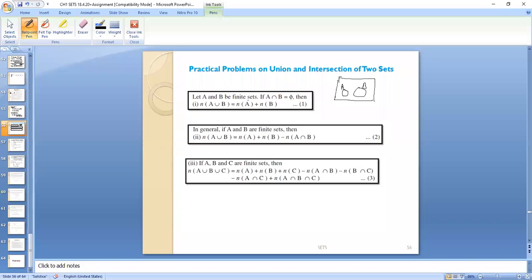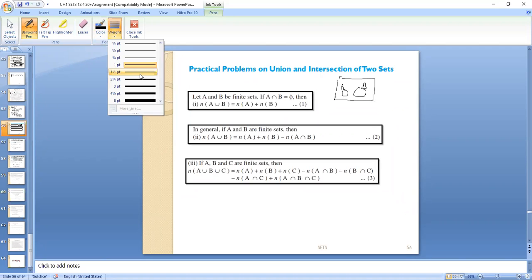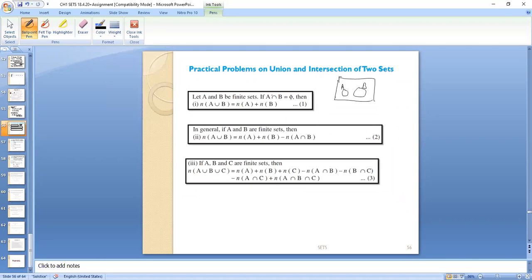And if A and B are finite sets and their intersection is equal to empty, then n(A union B), the number of elements in A union B, is equal to the number of elements in A plus the number of elements in B, right? We are having no element which is common.